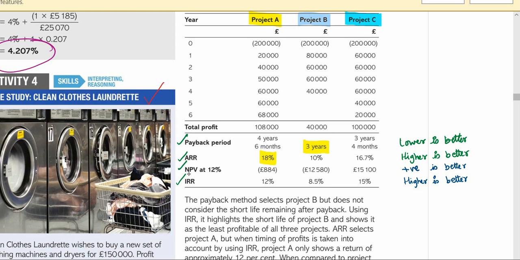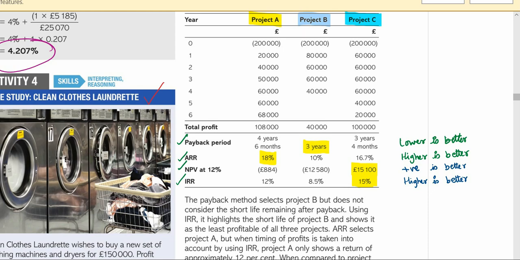As for NPV at 12%, it is positive, so this one is favorable. As per IRR, again project C is favorable. So project C wins in two methods, NPV and IRR, and project C is the most suitable rather than project A or B.